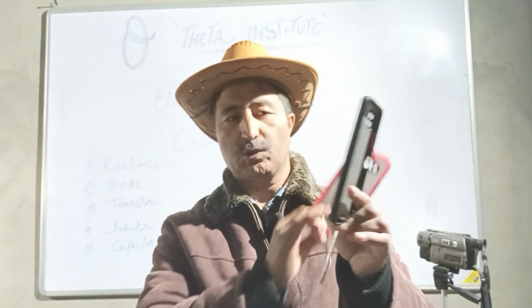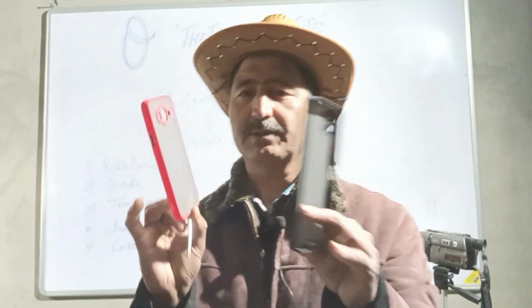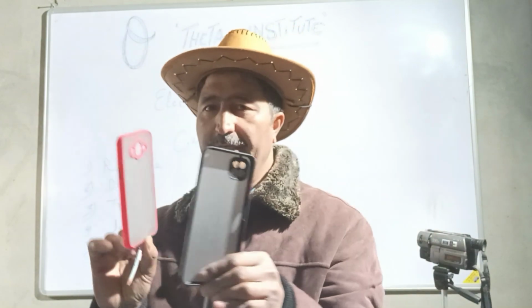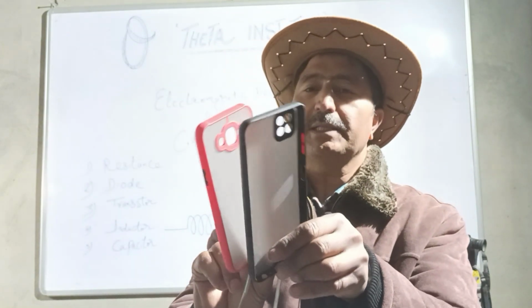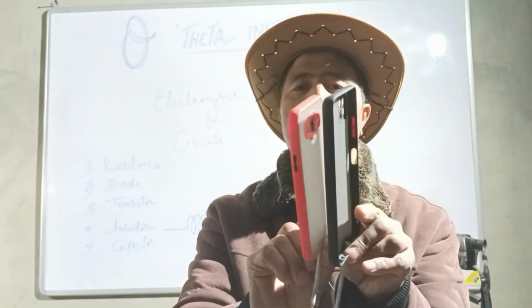Negative charge gets stored on the negative plate, positive charge gets stored on the positive plate, on the surface, but they should be close to each other.